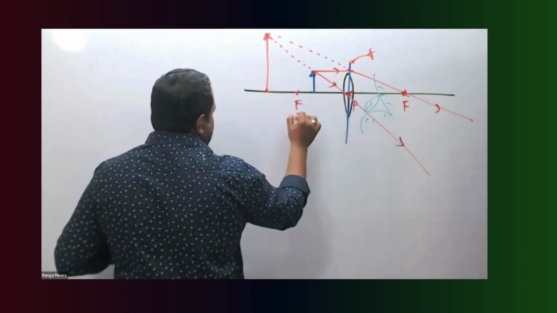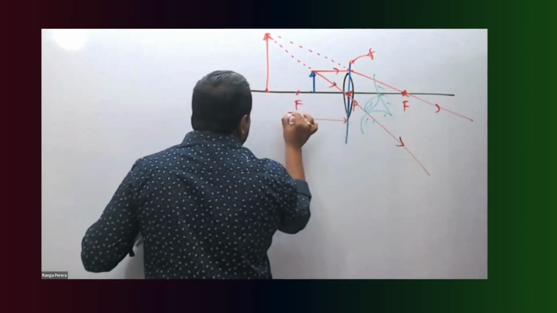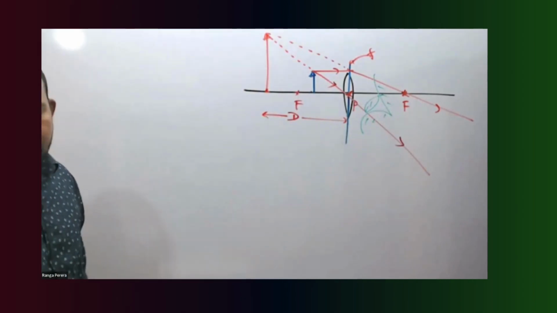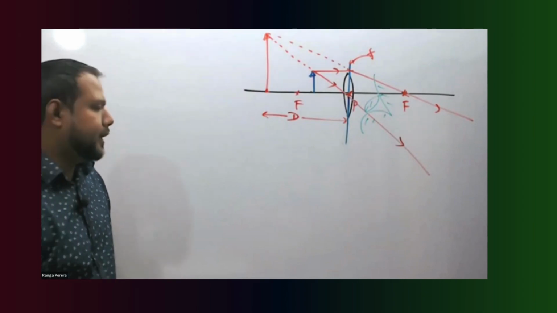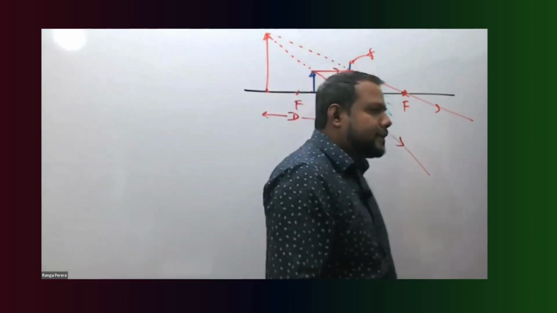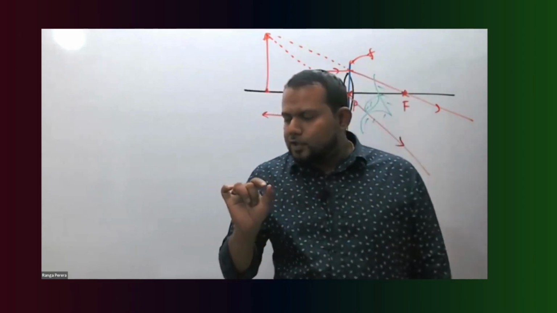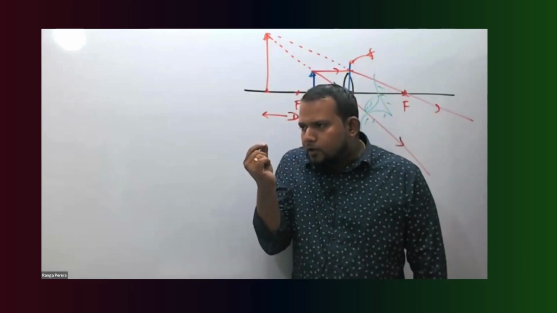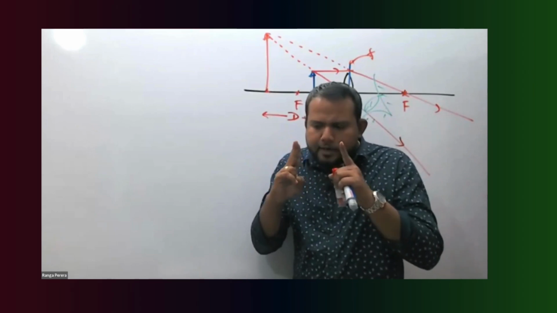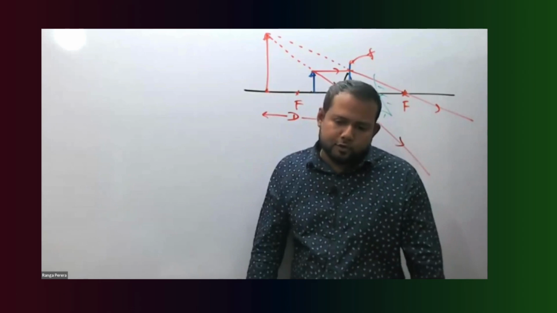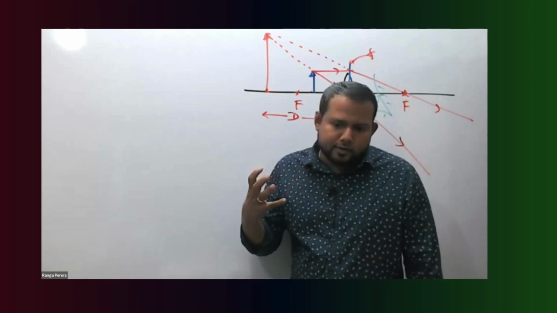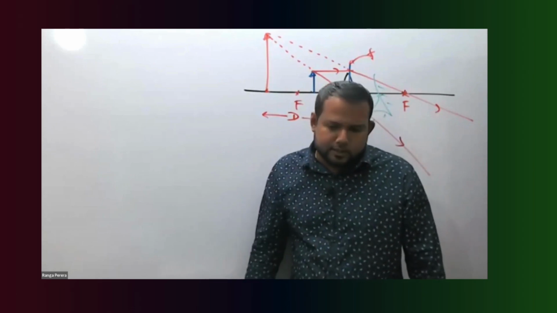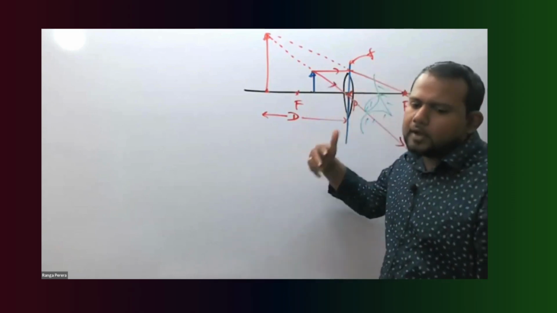My point is this particular distance must be equal to capital D if it is the normal adjustment. In this particular case, we assume that our eye and the microscope do not have any separation. The real situation is not that, there is a small distance, but we assume there's no distance between the microscope and our eye.